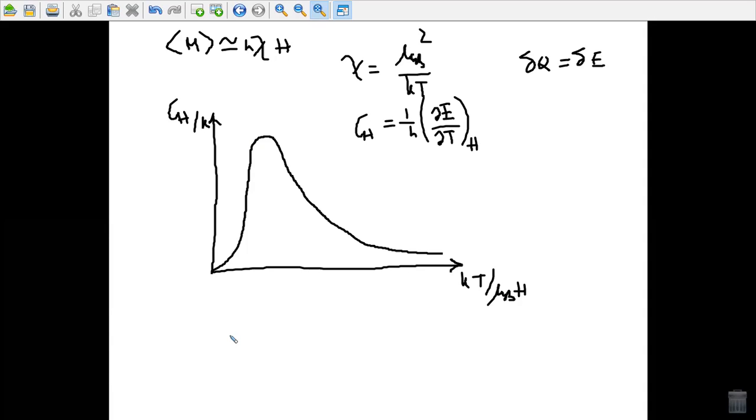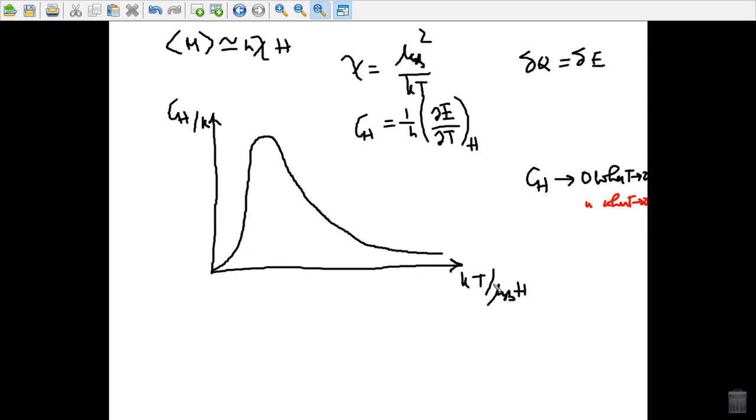Stated differently, the system is saturated and the energy is minimal. At high temperature, where kT is far greater than mu B H, disorder is total and cannot be increased by raising the temperature. C_H tends to 0 when T tends to 0, and it also tends to 0 when T tends to infinity, right?